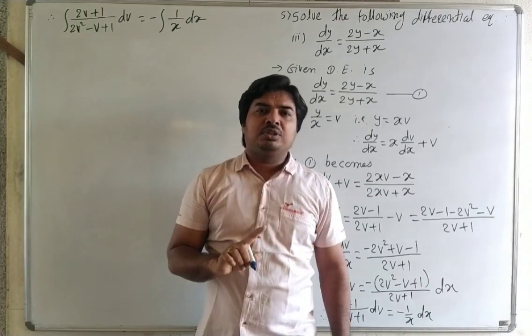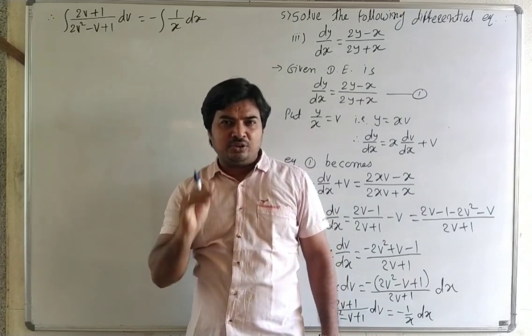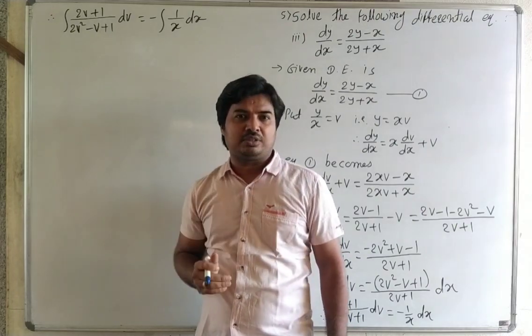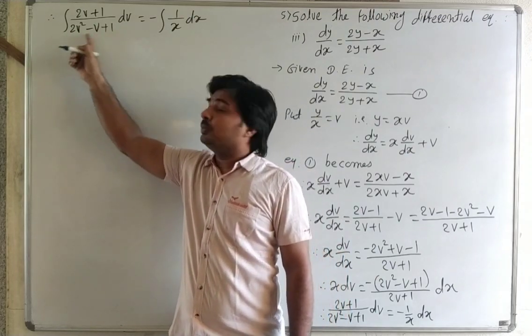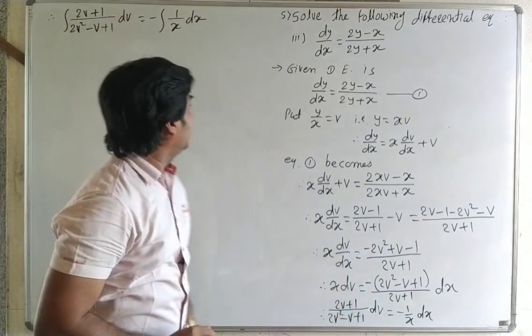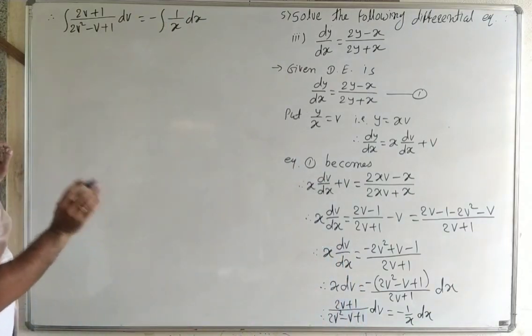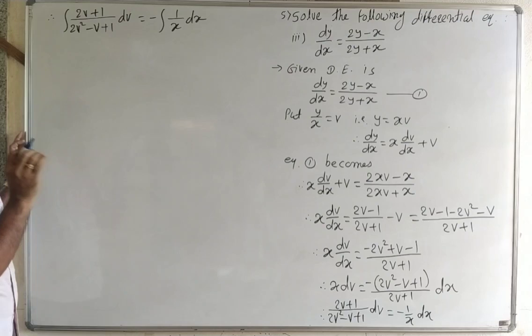Then another method is, for linear function upon quadratic function, we adjust the derivative of the quadratic function in the linear function. Both these methods, partial fraction and adjusting the derivative, we see in our indefinite integrals.